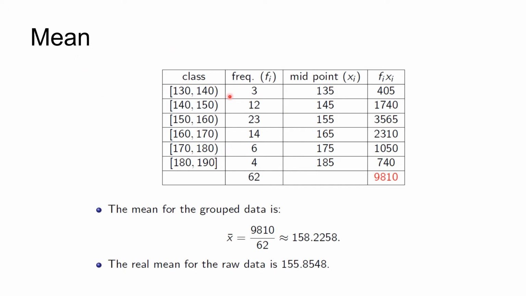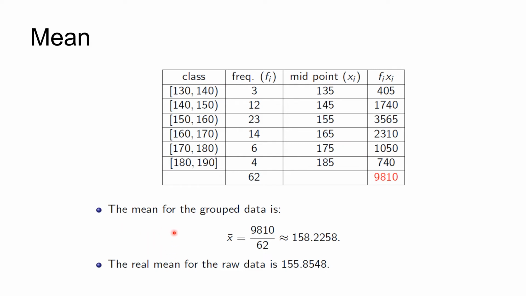Next, you multiply the frequency with the midpoint, and that's called fixi. You do it for each class. Once you do it for each class, you sum up the frequency multiplied by the midpoint. You need that value to calculate the mean.